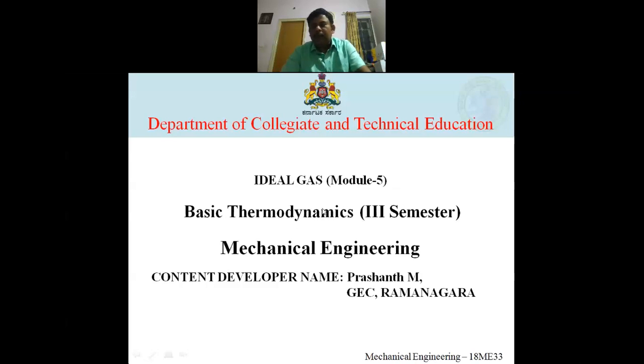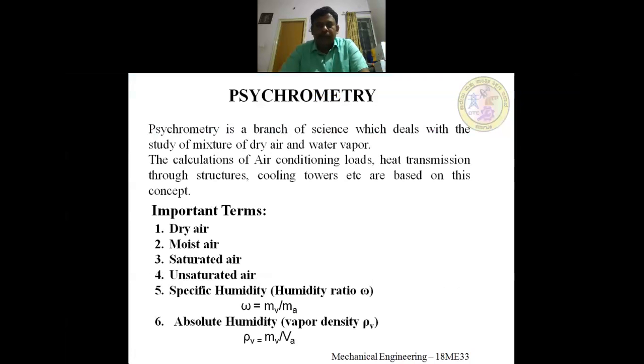So in today's class, we are going to learn about psychrometry. What is psychrometry? It's a branch of science which deals with the study of mixture of dry air and water vapor.